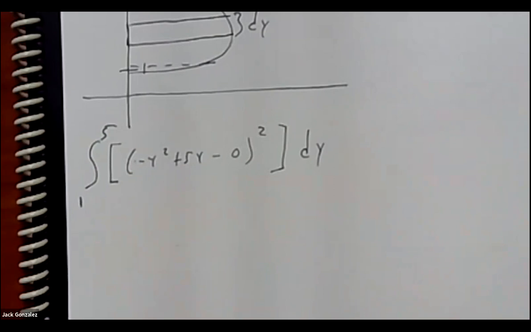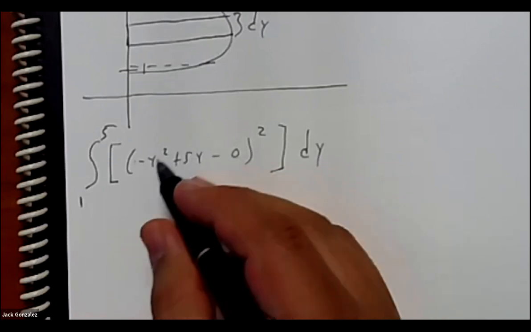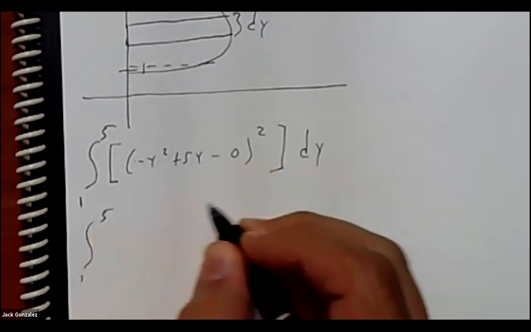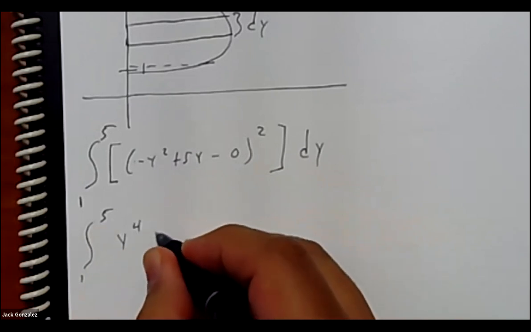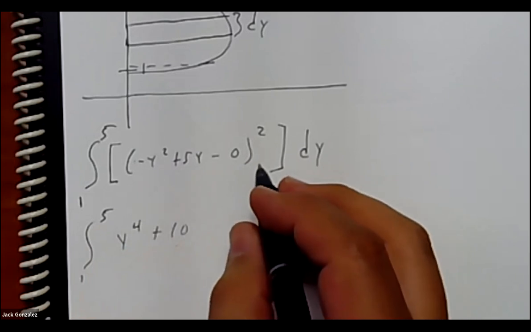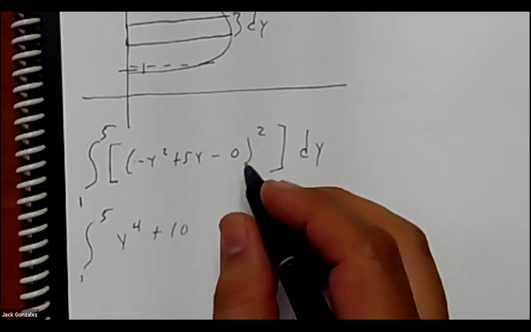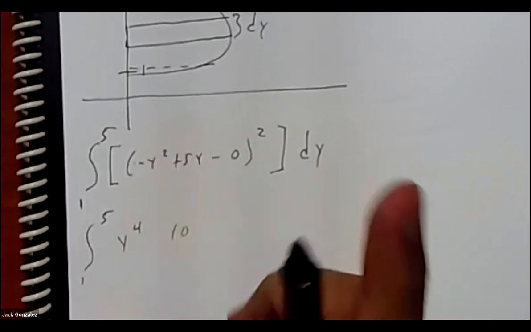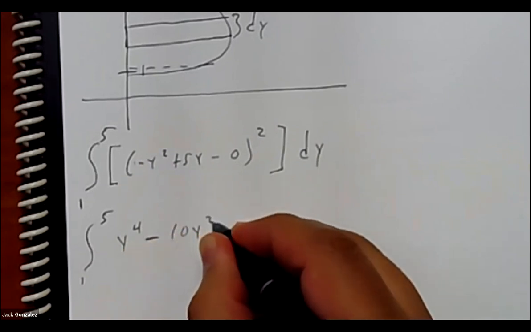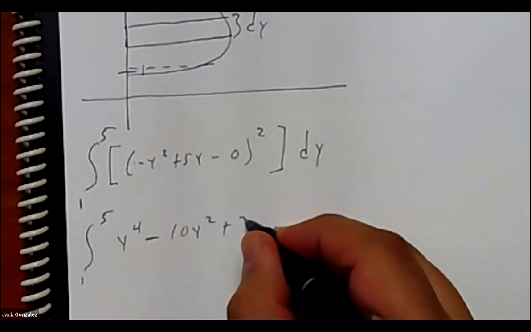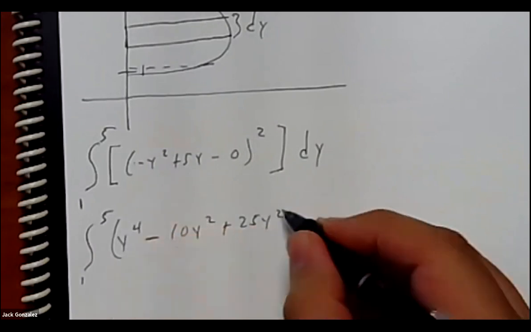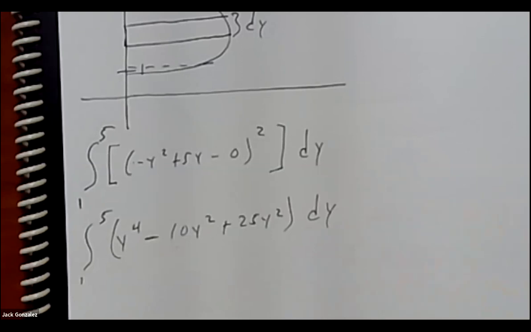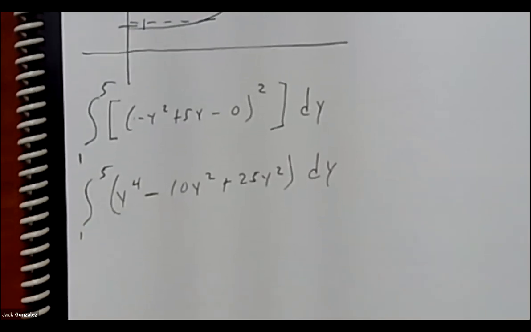So if I square this guy here, that'll give me y to the 4th minus 10y cubed plus 25y squared. Or you can do the FOIL or whatever you want.